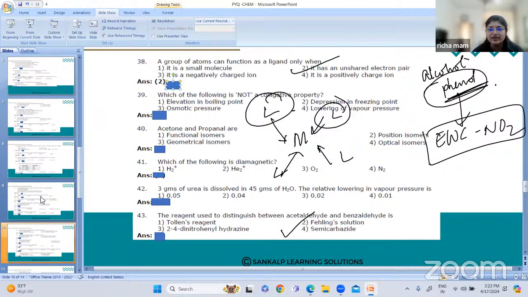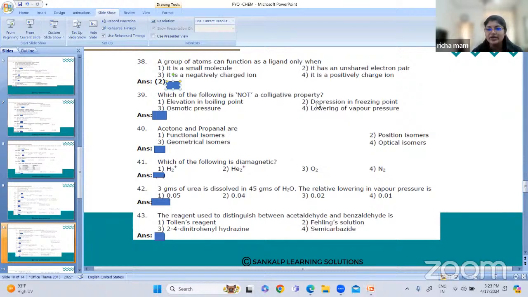Next one: which is not a colligative property among the following? Elevation in boiling point, depression in freezing point, osmotic pressure, lowering of vapor pressure. It is the 4th one. It is called relative lowering of vapor pressure.